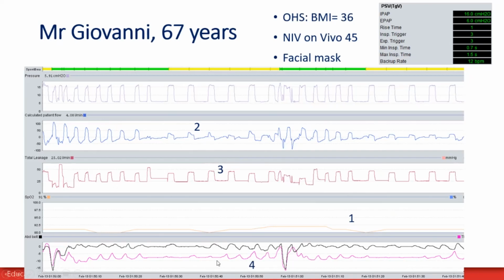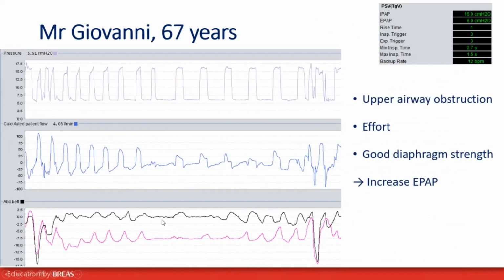And then we will look at the belts to see if the patient is doing some effort or not. I will focus a little bit on the belts. And here you see that at the beginning of the obstruction, there is not much effort, but then at some point we have effort from the patient with an increase in the abdominal belt and a decrease in the thoracic belt.